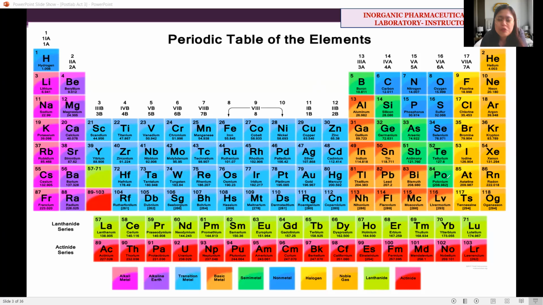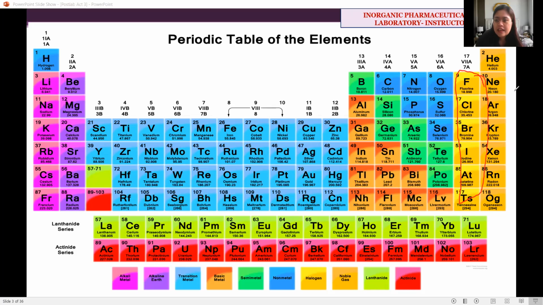They have unique characteristics, so they cannot be included in the metals or in the non-metals. Again, the darker blue ones are our non-metals. And the yellow ones, yellow with a combination of brown below, we call halogens. They are also non-metals, but to be specific, they are our halogens.